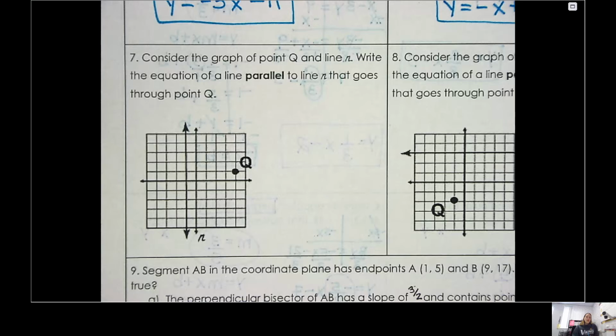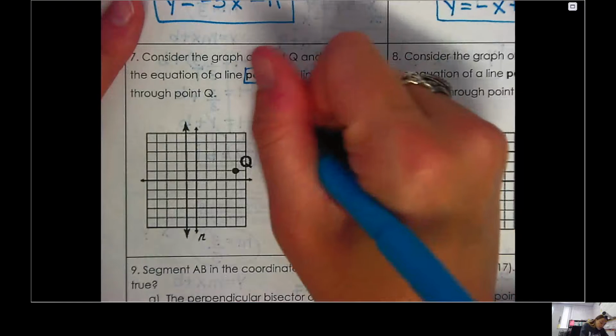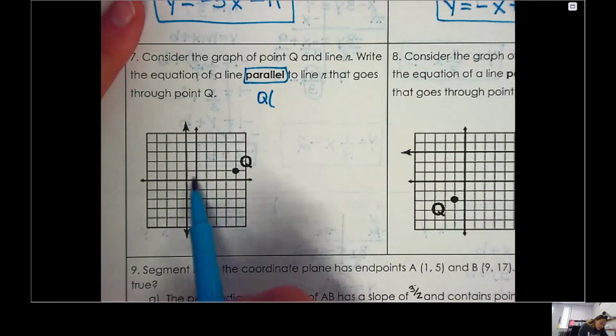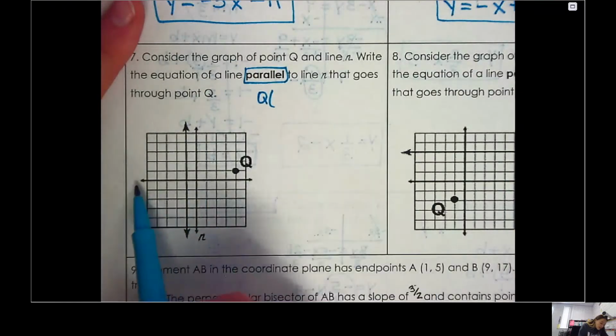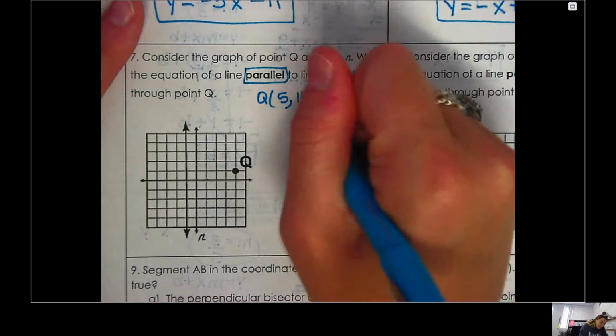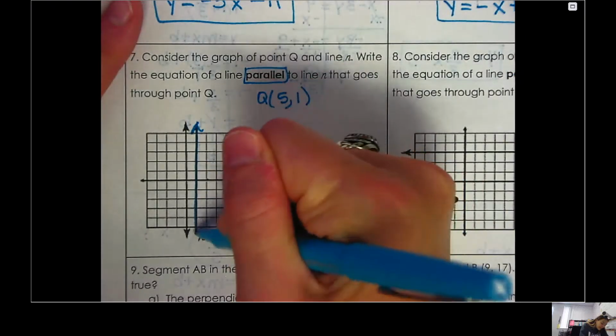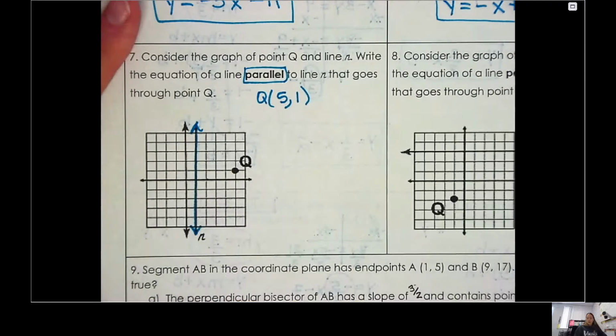Okay, number 7. Consider the graph of point Q and line N. Write the equation of a line parallel to line N that goes through point Q. Parallel. Okay, so point Q is at 5, 1. Is this point Q? Now, this line right here, line N, is a vertical line.